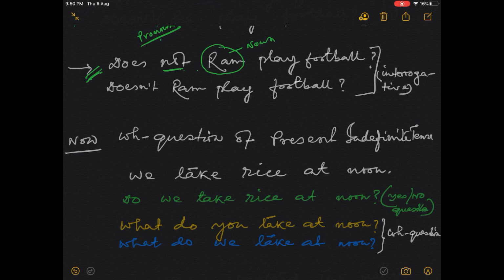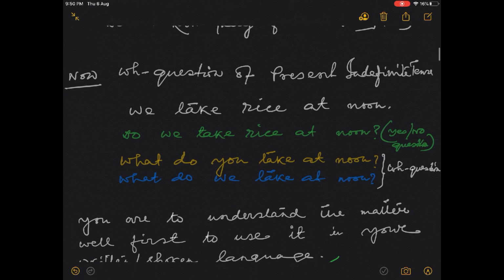Who, which, when, how, where, these are all WH words. And when these words are used at the beginning of a sentence to make interrogative sentences, these are called WH interrogative sentences or WH questions. You can't answer these questions with yes or no. You have to answer with something besides yes or no. So, what do you take at noon? We take rice at noon. This is the answer. You can't say yes or no.